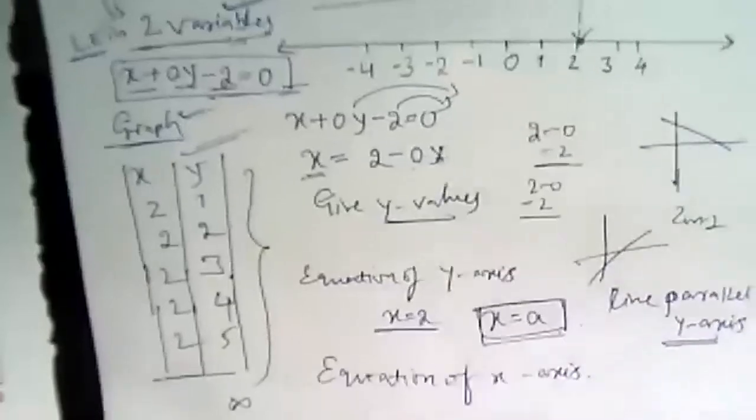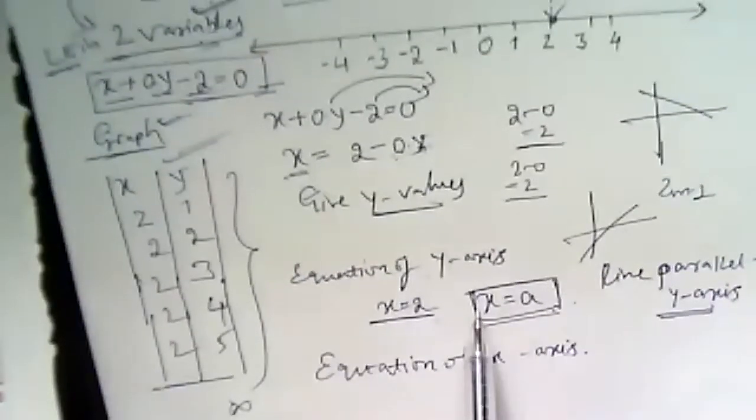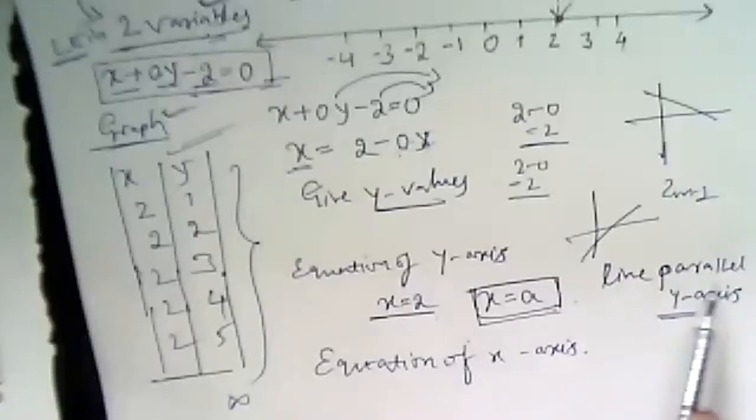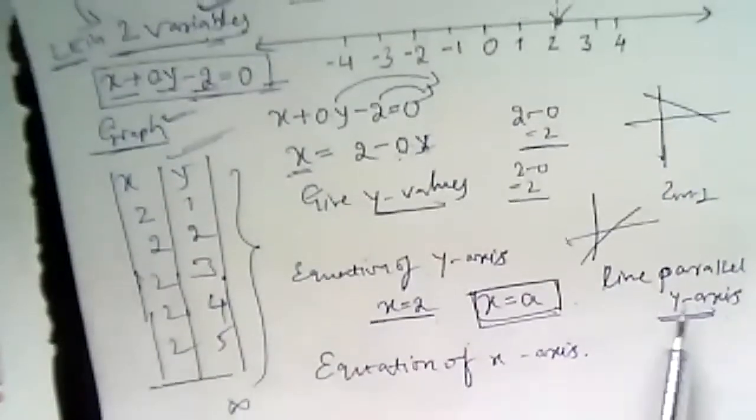Did you understand? Here, x is equal to a is the line which is parallel to the y-axis.